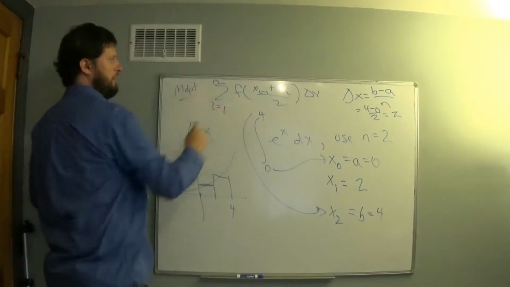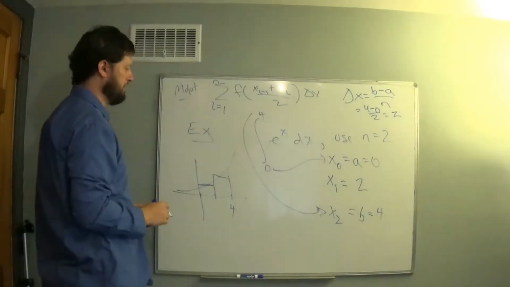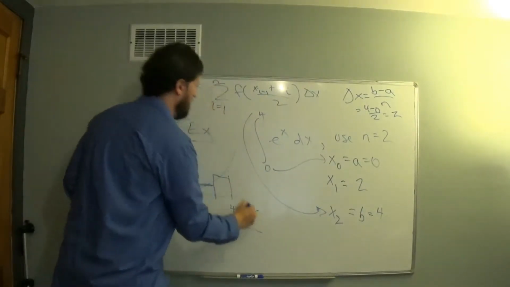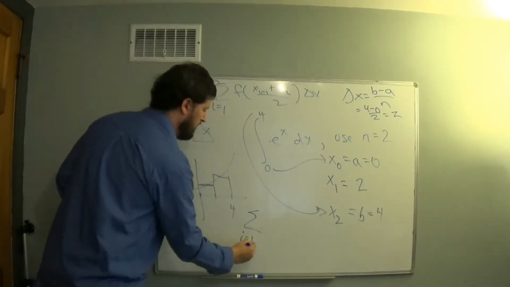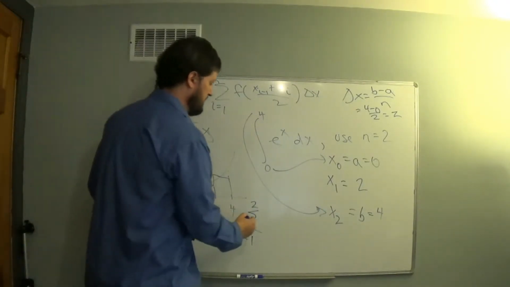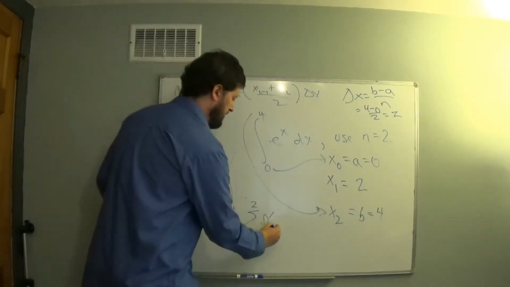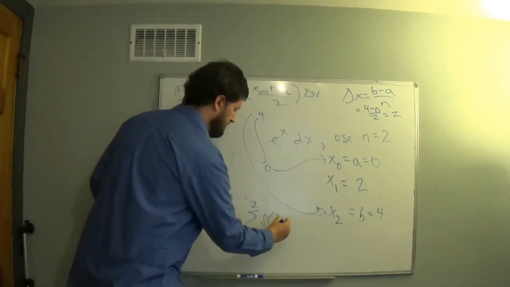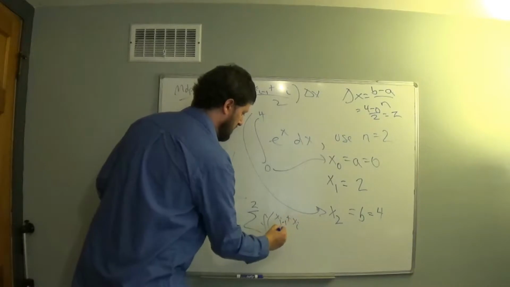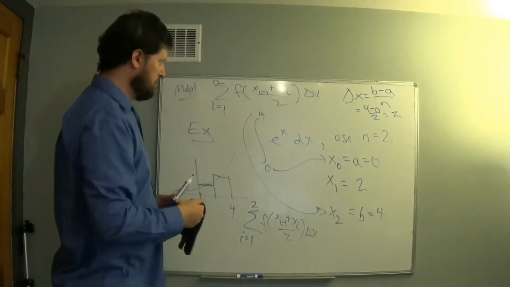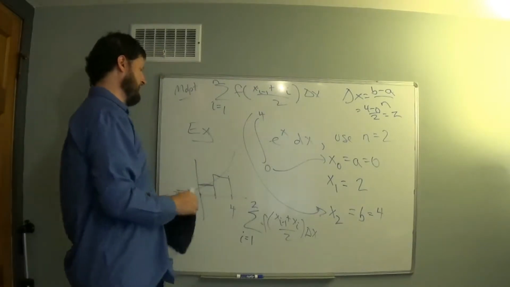So I simply apply the formula that we see right here. That will be the sum from i equals 1 all the way up to n, but n is just 2 in this case, of f at (x_{i-1} + x_i) all over 2 times delta x. What does that mean in this case?